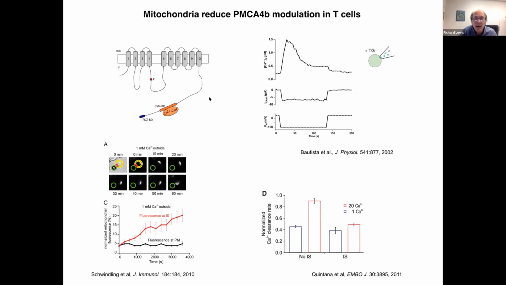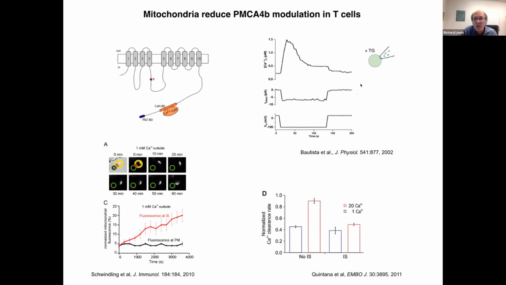I should say that this modulation process can be observed directly in a perforated patch configuration where the cytoplasm is relatively unscathed and electrical access is provided through small antibiotic pore-forming peptides that incorporate into the patch under the pipette.